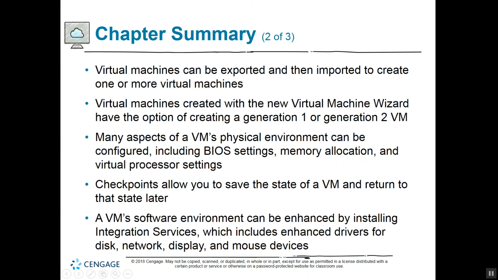Virtual machines can be exported, imported, and you can create one or more virtual machines from an export. Virtual machines that are created with the New Virtual Machine Wizard have the option of creating a Gen 1 or Gen 2 VM. Many aspects of the VM physical environment can be configured: BIOS settings, memory allocation, and virtual processor settings. Checkpoints allow us to set a point in time where we can go back to a state from a previous point in time.